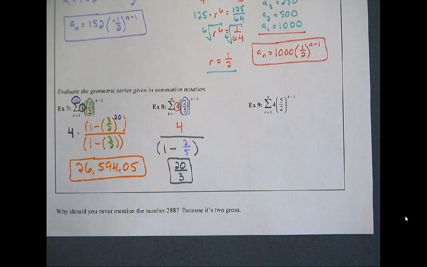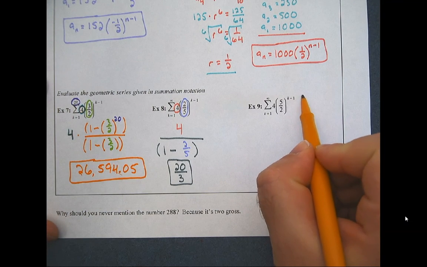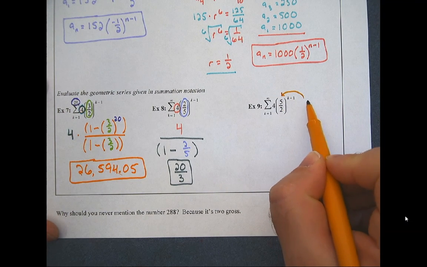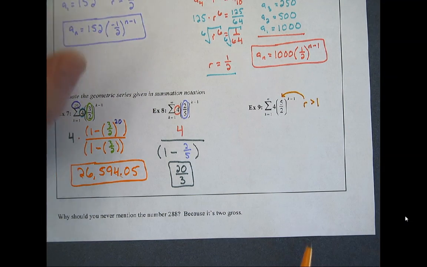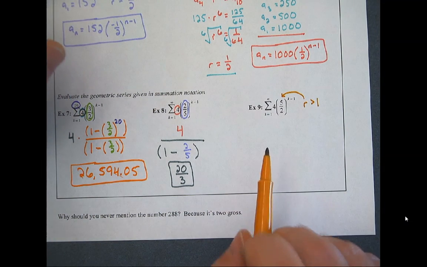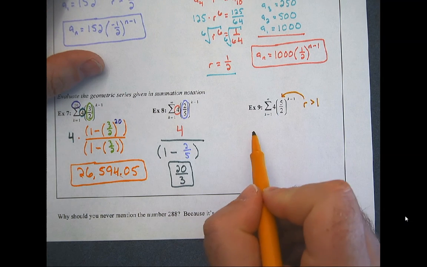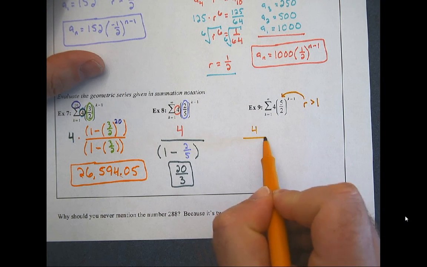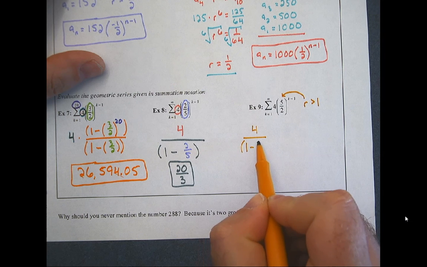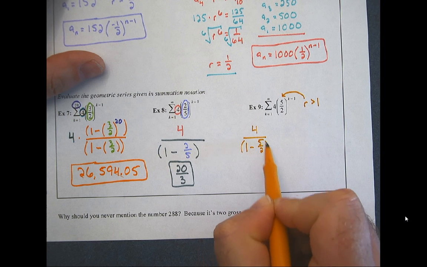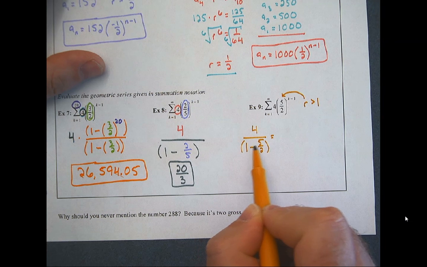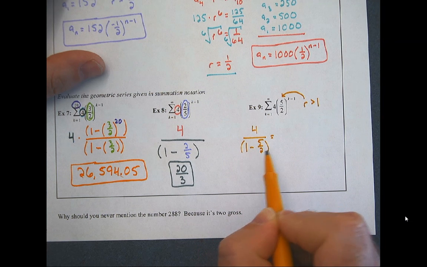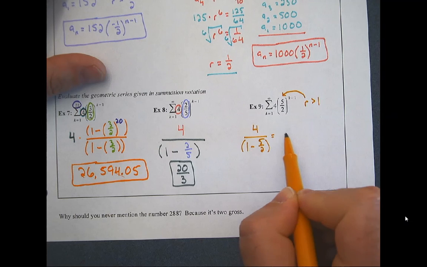Okay, hopefully some alarm bells went off. You cannot calculate this because my r value is greater than 1. Now, what's weird is you could actually plug this into the formula and get an answer. So my first term would be 4 over 1 minus 5/2. That would be negative 3/2. Flip and multiply would be negative 8/3.